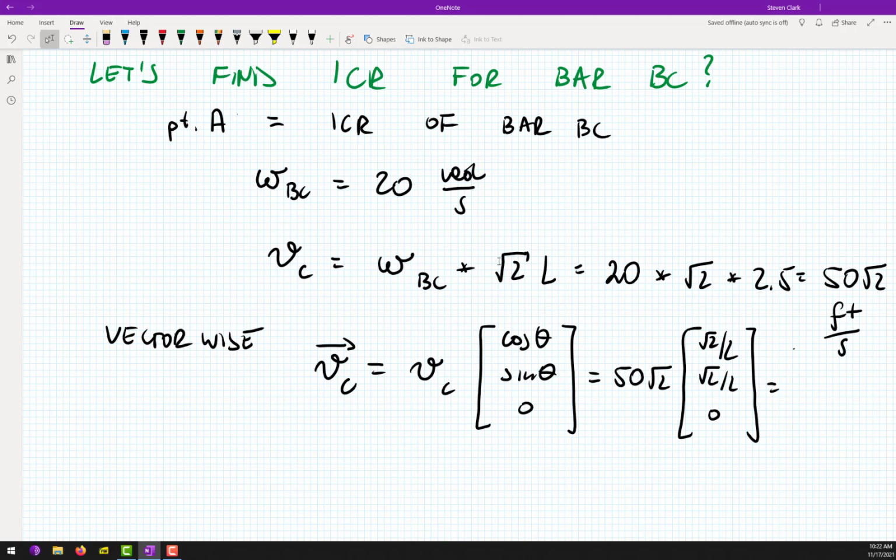This is exactly 50, 50, 0, exactly what we obtained using our velocity approach. My goal today was just to show you that they are equivalent. The rest of the problem you will solve on your own, using either instantaneous center of rotation again, or the notes we just put together 5 minutes ago.